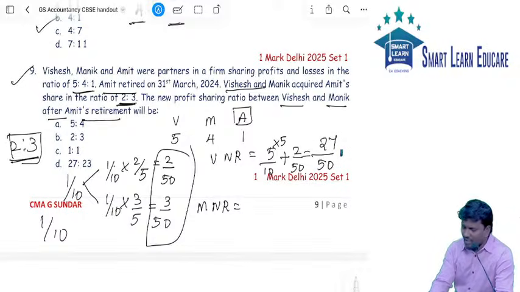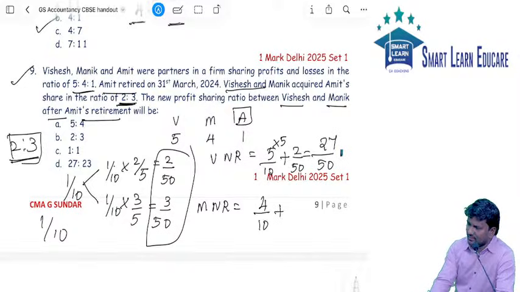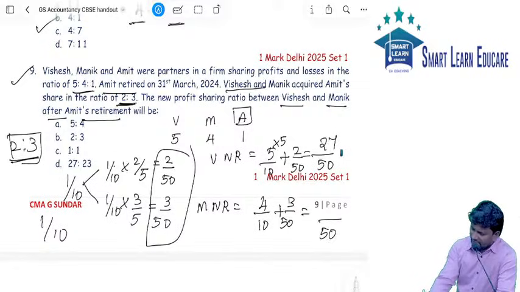What is the old ratio of M? You can tell. What is M's old ratio? 4/10 plus 3/50 will give you LCM 50, and it is 5 times.